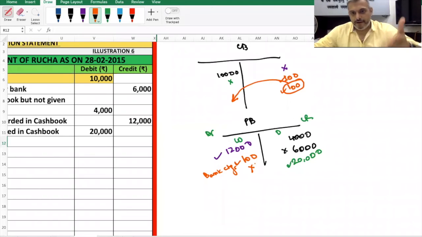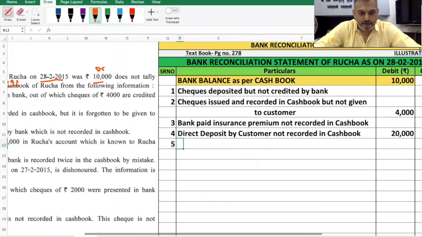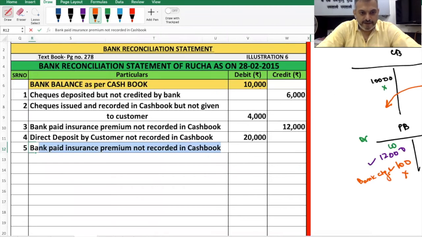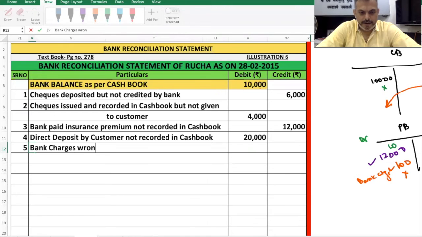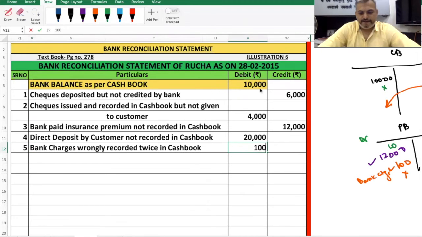Whichever way your mind works, answer is going to be the same. It will be on the debit side. So let's record bank charges wrongly recorded twice in cash book. So 100 on the debit side.